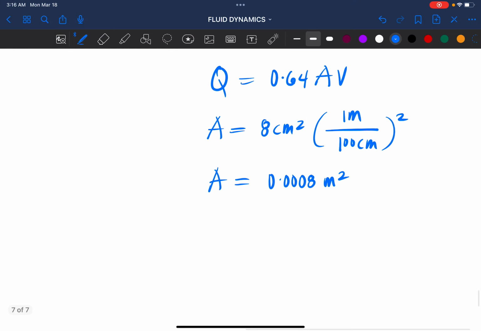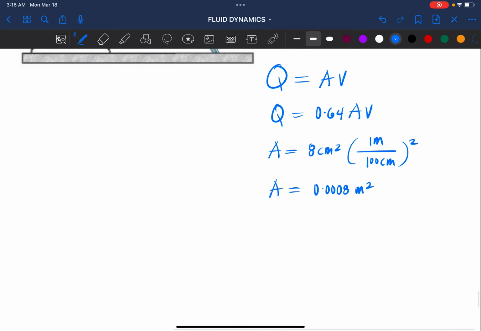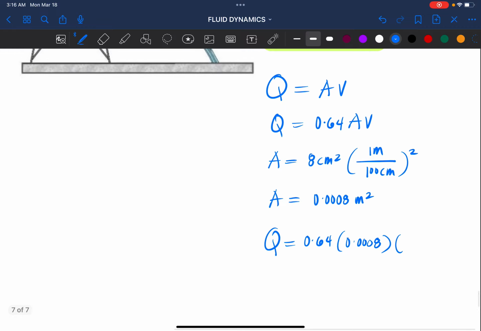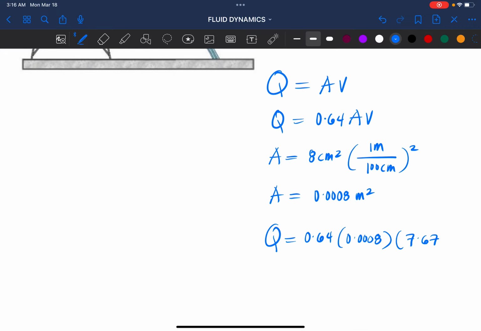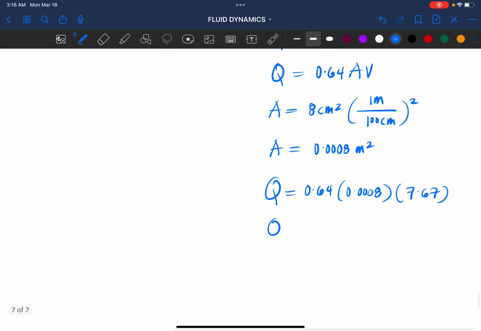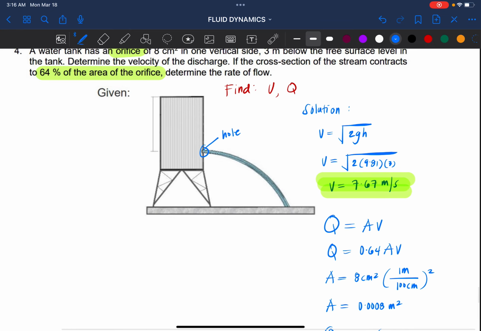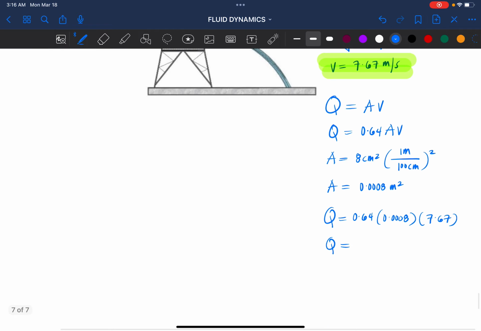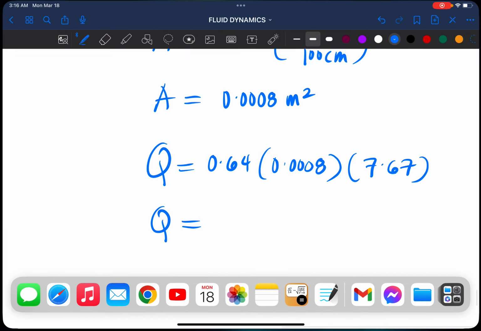So, ayan. And then, input nyo dun sa equation natin, that's Q is equal to 0.64 times 0.0008. And then, yung velocity natin nakuha, that is 7.67. Therefore, ang discharge natin using 64% ng cross-sectional area lang ng orifice is equal to, input nyo.